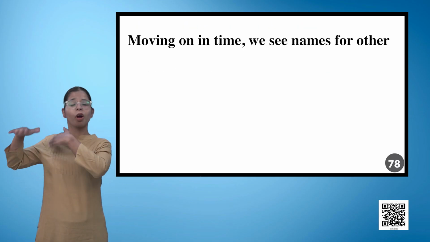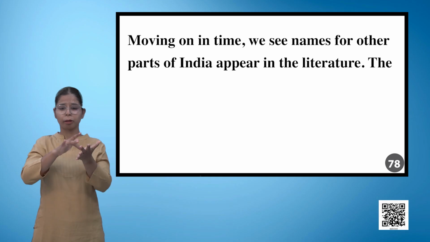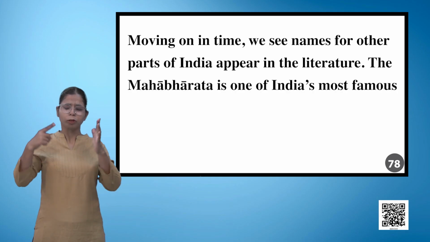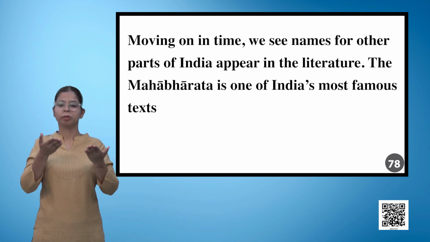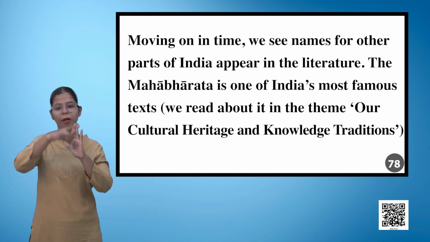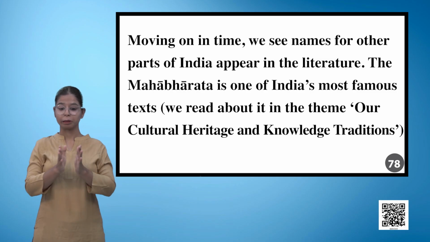Moving on in time, we see names for other parts of India appear in the literature. The Mahabharata is one of India's most famous texts. We read about it in the theme Our Cultural Heritage and Knowledge Traditions.